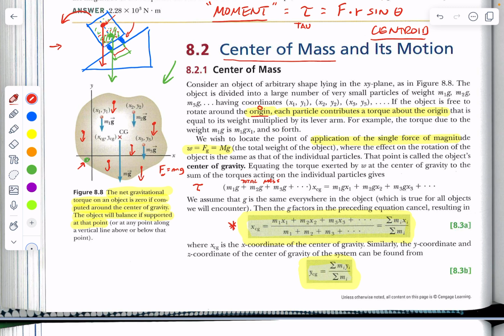That would be the force of weight, the mass times gravity of every particle that makes up the object. And every one of those particles is a certain distance from the origin. If we found the perpendicular components of all of those, for example, we could find the torque relative to the origin.